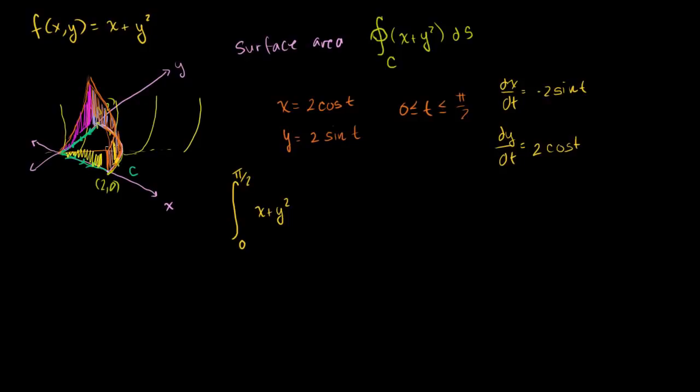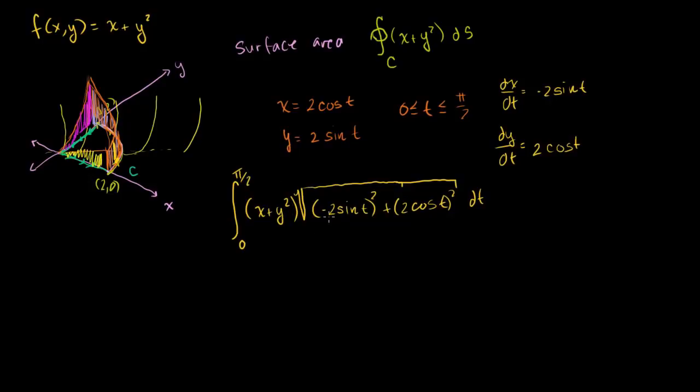But we know that we can rewrite ds as the square root of the derivative of x with respect to t squared, so that is minus 2 sine of t squared, plus the derivative of y with respect to t squared, so plus 2 cosine of t squared, dt. This will give us the orange section, and then we can worry about the other two walls.